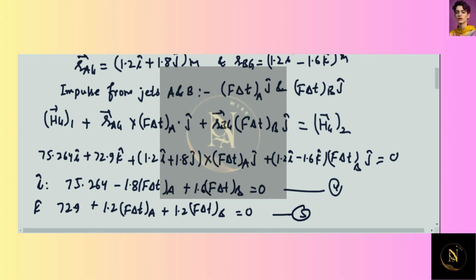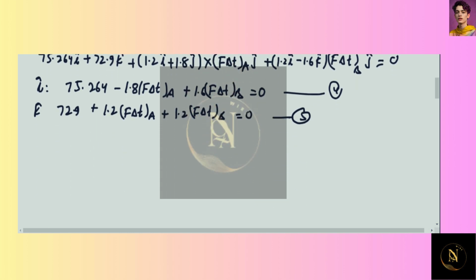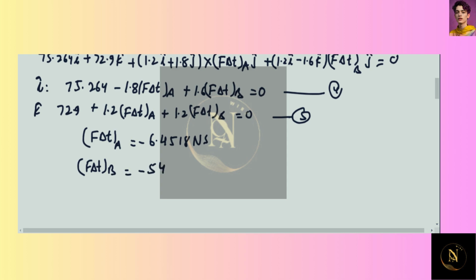This is equation 5. Solving equations 4 and 5, F delta T A will be minus 6.4518 Newton second, and F delta T B minus 54.298 Newton second.